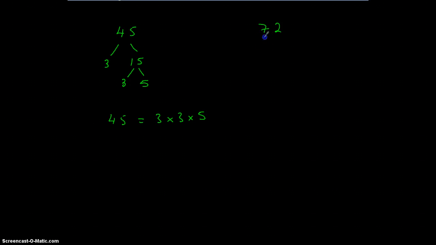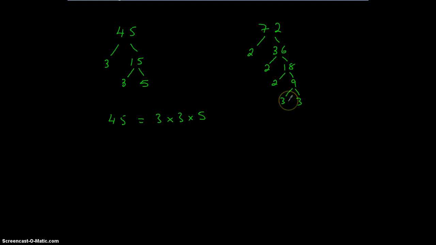Let's do the same with 72. This is an even number, so 2 is the smallest prime number which is a factor of 72, and 2 times 36 is 72. What's the smallest prime number that goes into 36? Again, it's even, so 2 times 36 is 2 times 18. Same again, 2 times 9. 9 isn't even, so the smallest prime number that goes into 9 is 3, and in fact 3 times 3 is 9.